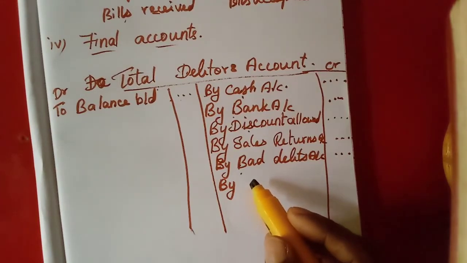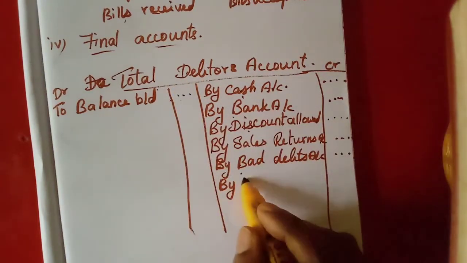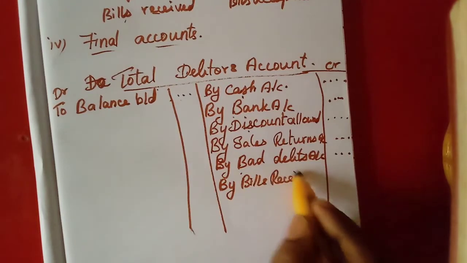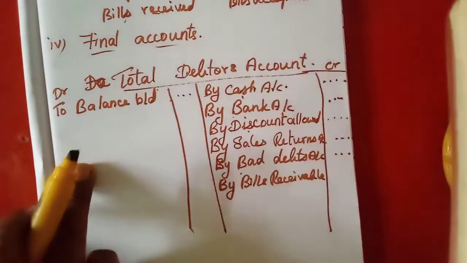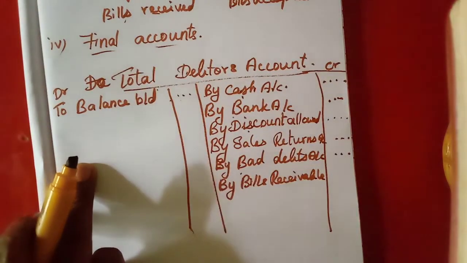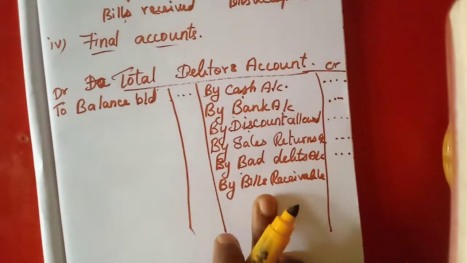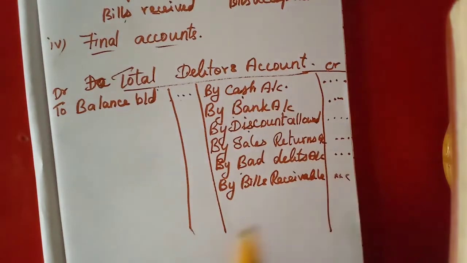Bills receivable account debtor to debtors account. So by bills receivable. There we will write in the bills receivable account debtor to debtors account. So here in the debtors account bills receivable will be credited when we receive the bills.